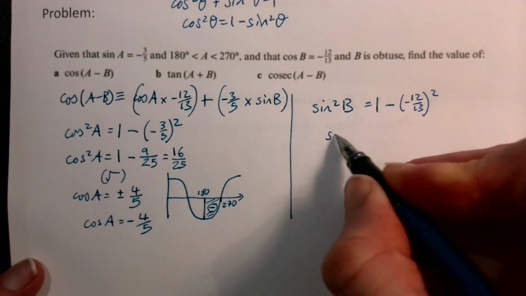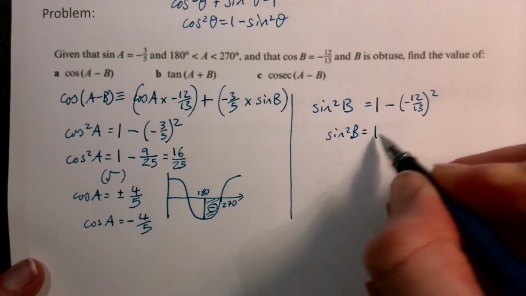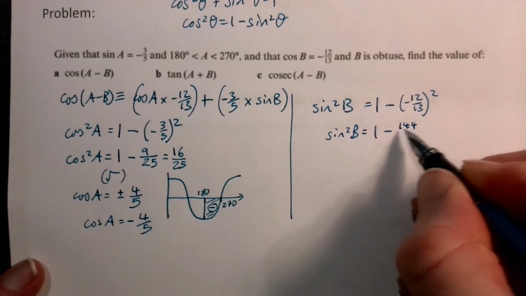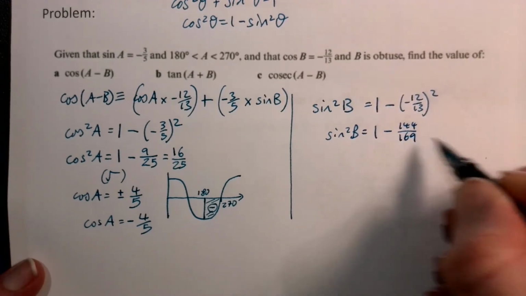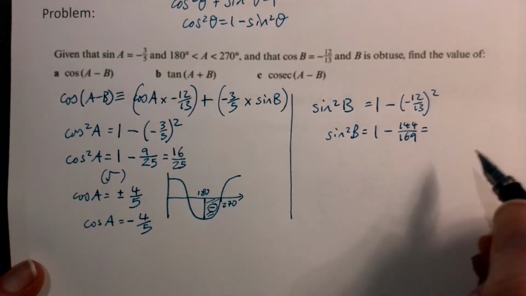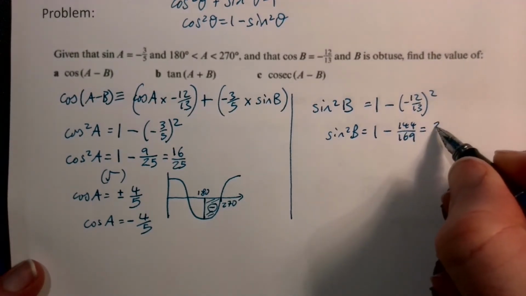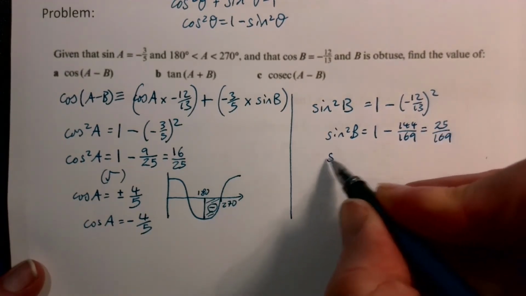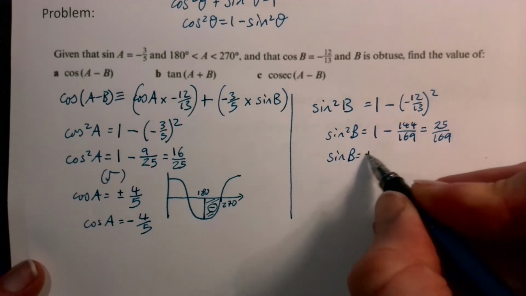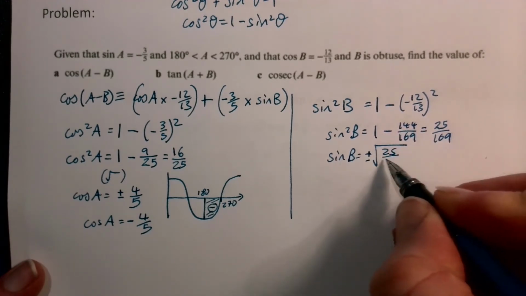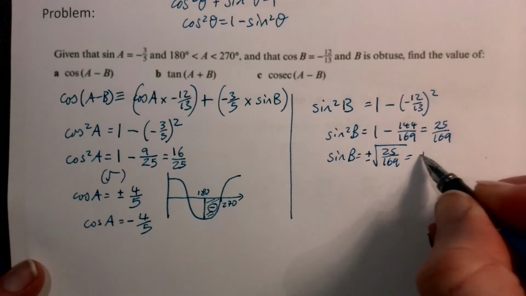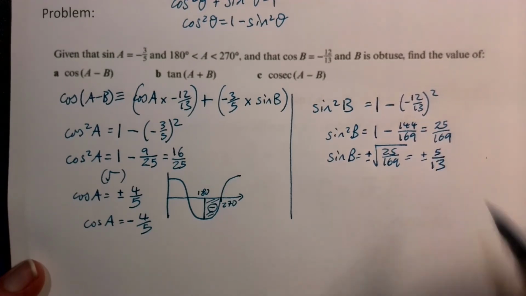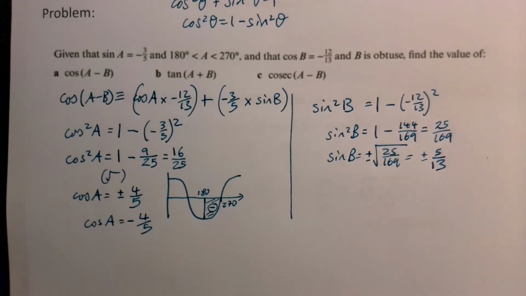So that's going to mean 1 take 12 12's 144, 13 13's 169, and nicely, if we take 144 from 169, that gives us 25 over 169. I say nicely because that means that sine B will be plus or minus the square root of 25 over 169, and the square root of 25 is 5 and 169 is 13. So it's plus or minus 5/13.